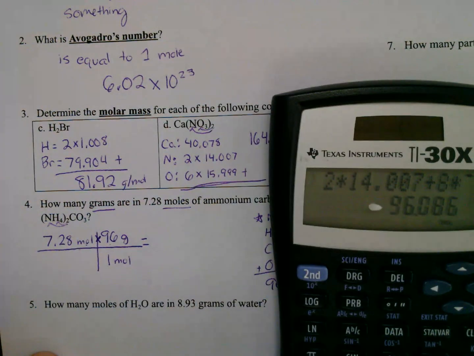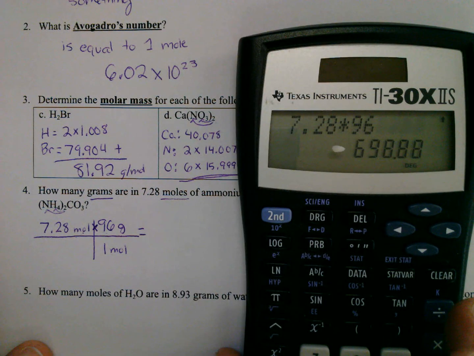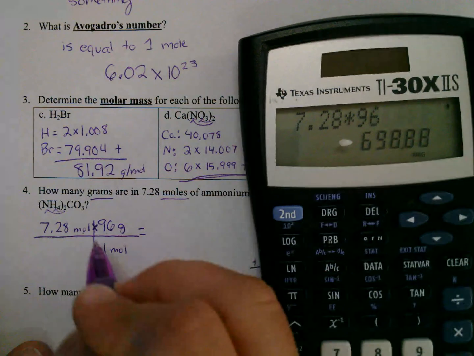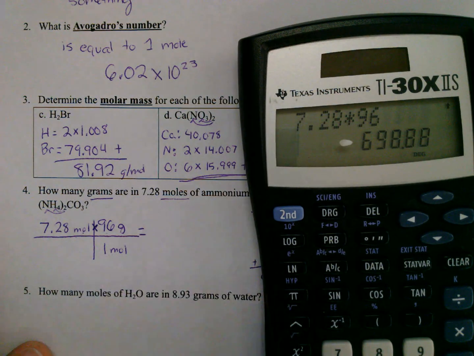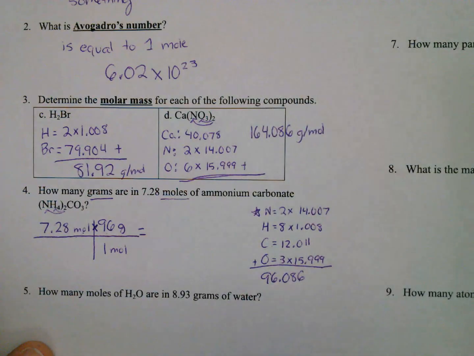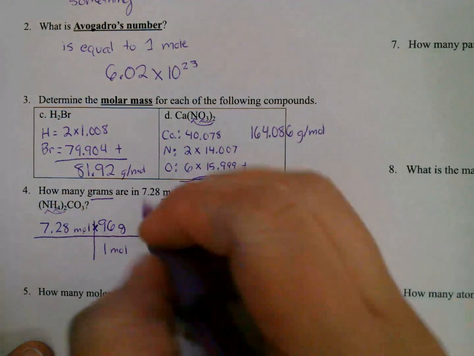So 7.28 times 96, that's going to be 698.88. I would sometimes divide by the bottom number, but since the bottom number is 1, I really don't need to divide. So my final answer rounded would be 698.88.